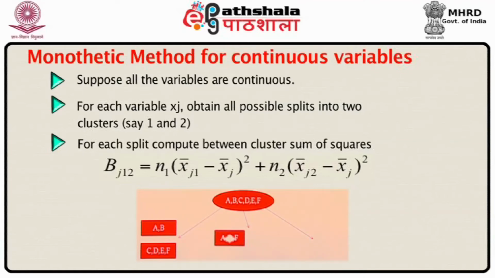I can segregate them as ADF in one cluster and BCE in another cluster. I can do the same by segregating BDEF in one cluster and AC in another cluster. So I can have several such splits based on a single variable. In each of these cases, I compute the Bj values. Okay? Bj's for the two clusters that we are forming here.